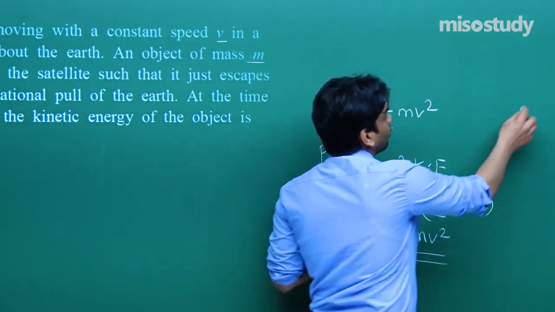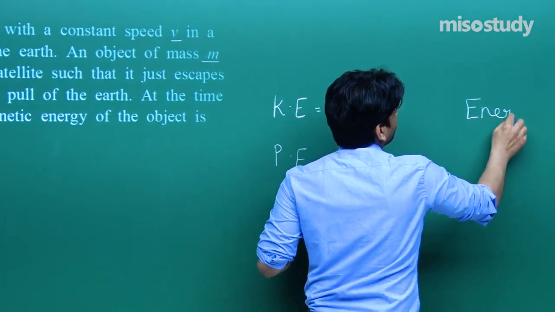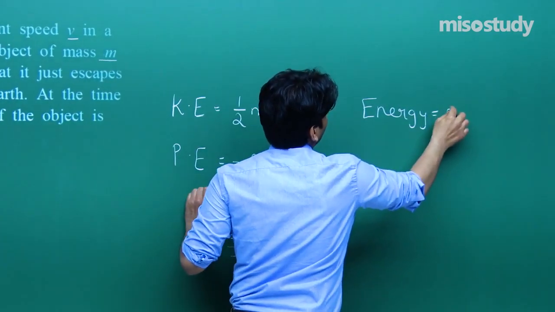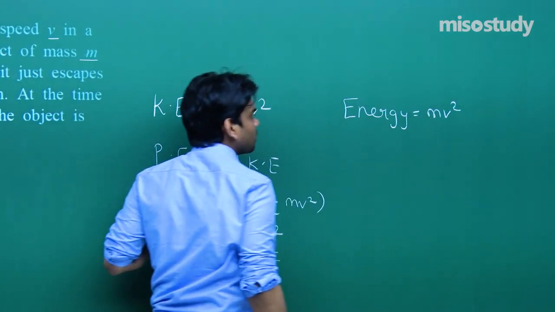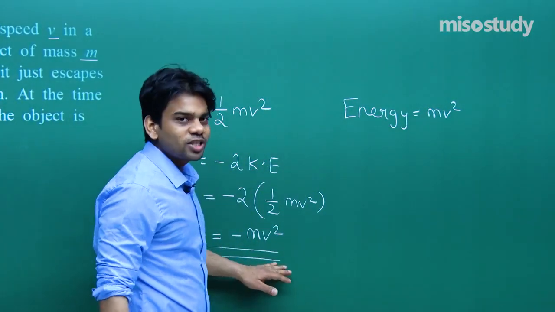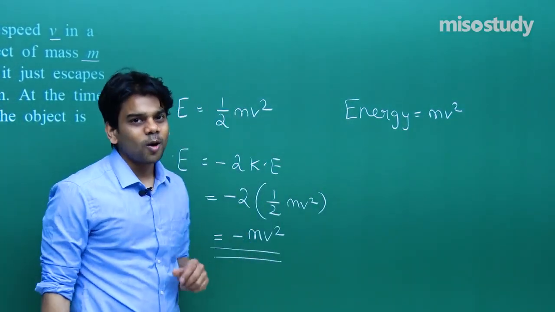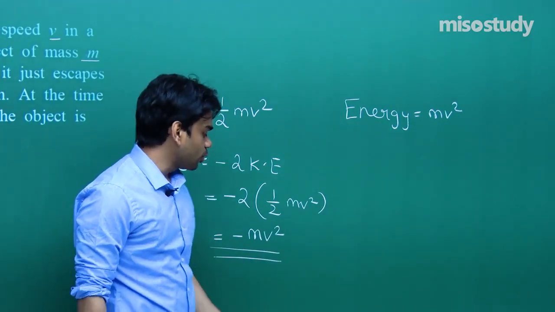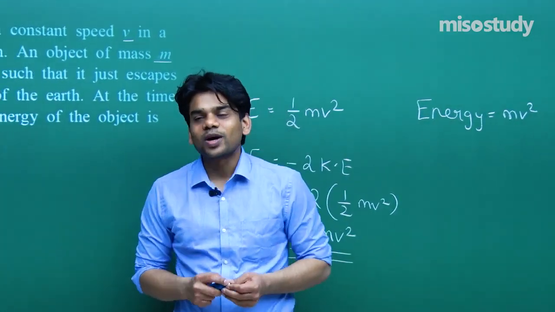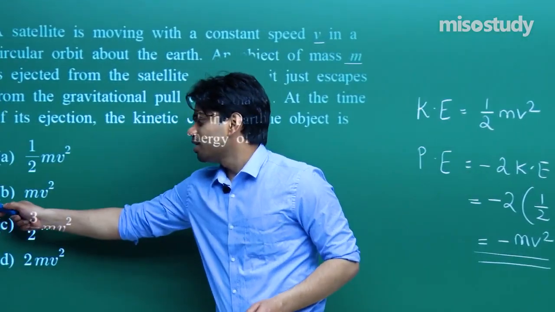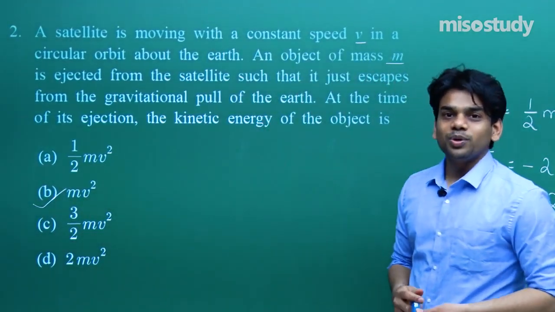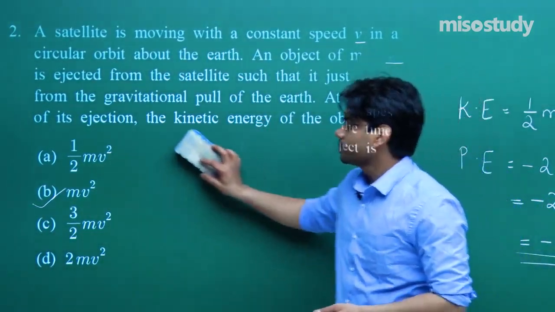So the energy that will be provided will be equal to mv square. Provide this much, and you will overcome the potential energy which is trying to bind the object within the satellite. This is the shortcut, and mv square will be the answer. Option B clearly matches with our response. So B is the right answer for this question.